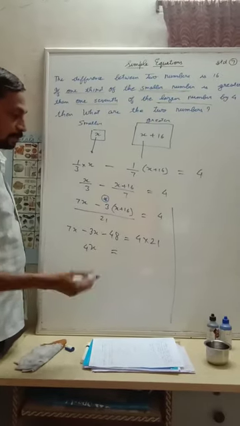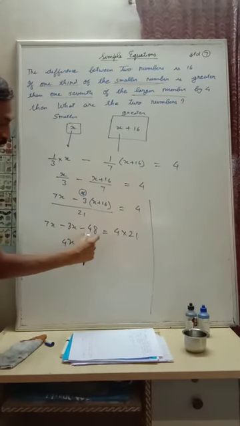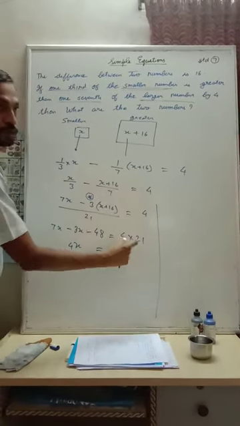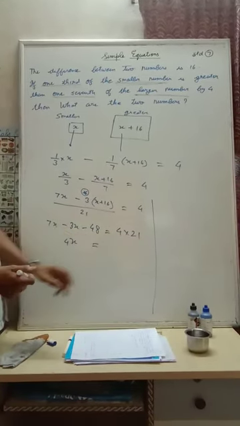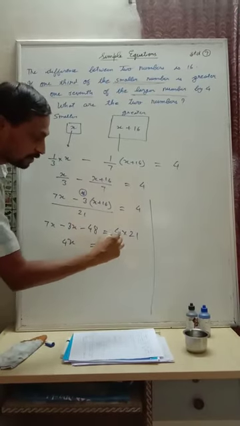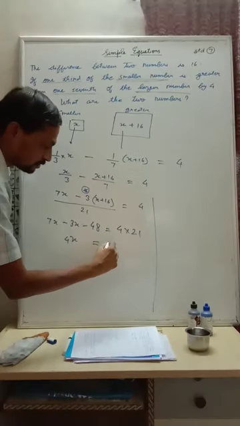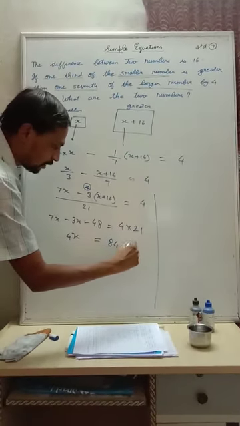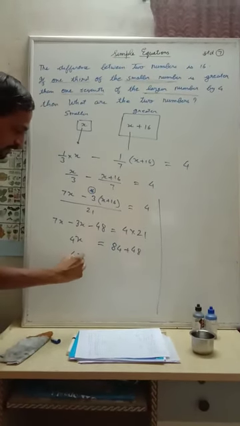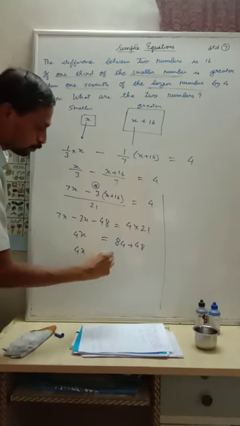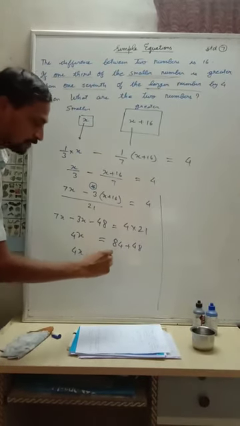Before that, now look here, I need to add 48 to this. So therefore now I don't have any choice, I have to multiply this. In the last example I didn't multiply it, but here we have to. So the answer is 84 plus 48. This 48 is taken to the right hand side. So the next step, 4x is equal to 84 plus 48. This is how much?